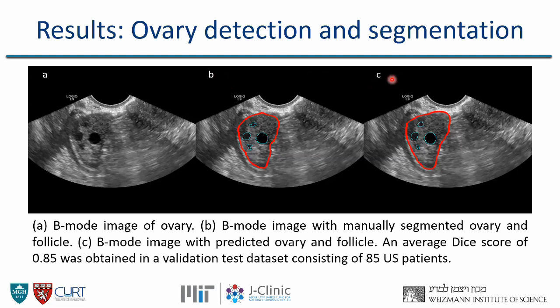Figure C shows the predicted output of the algorithm with the ovary in red and follicles in blue. We can see that the predicted algorithm performs at par with manual annotations. An average dice score of 0.85 was obtained in a validation test set consisting of 85 ultrasound exams.